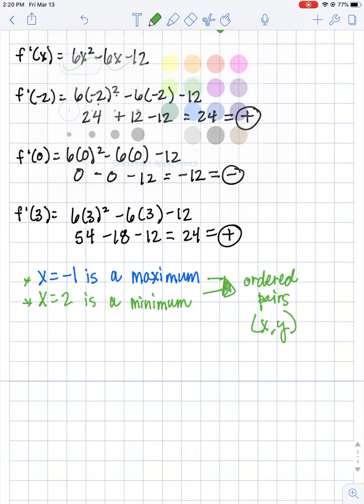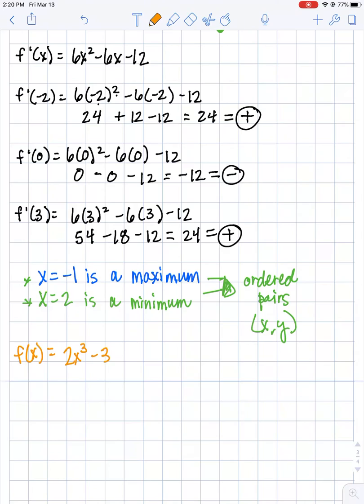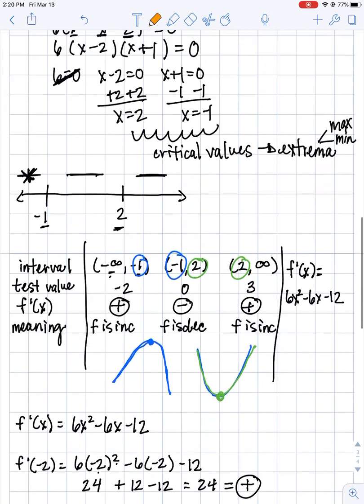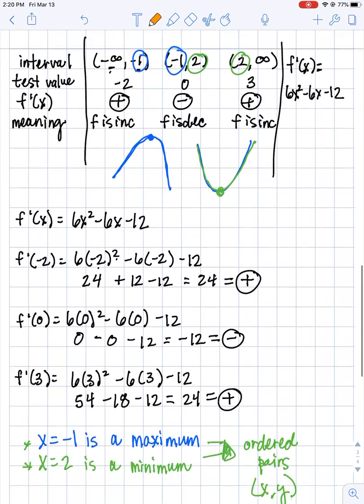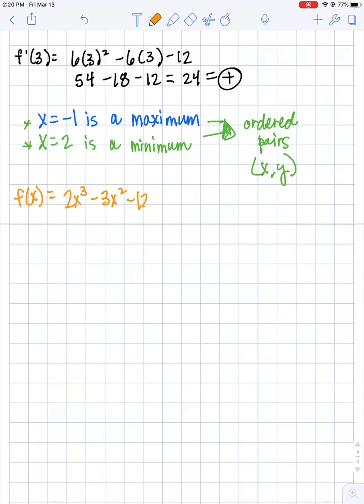So if you go back, the last step, f of x originally was 2x cubed minus 3x squared minus 12x plus 12. And if you know x is -1, by golly, plug in -1.